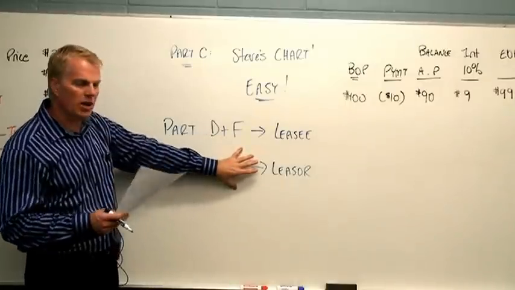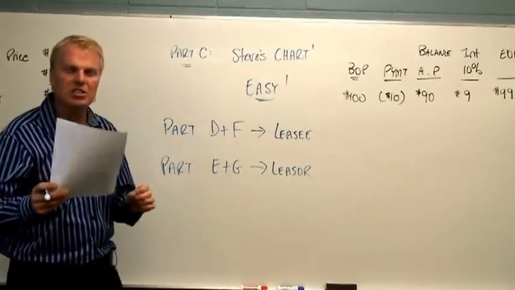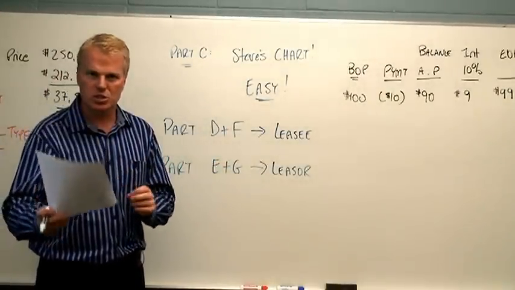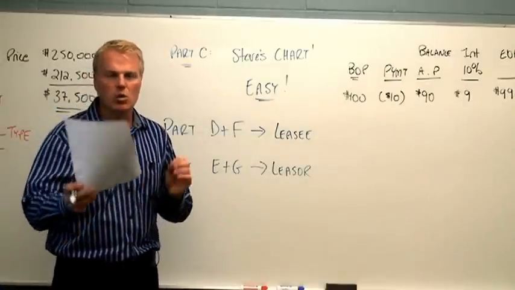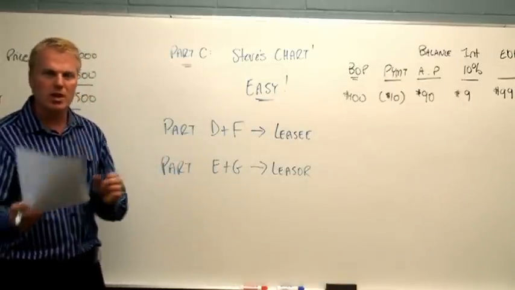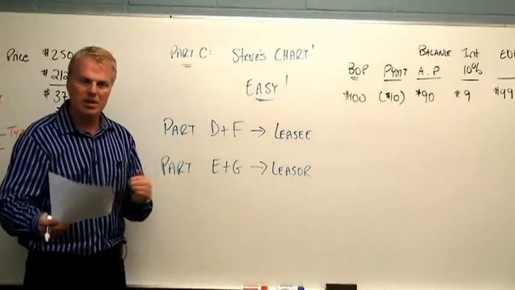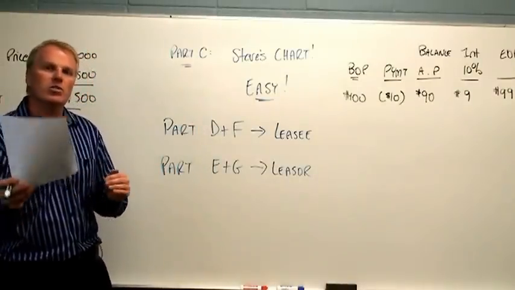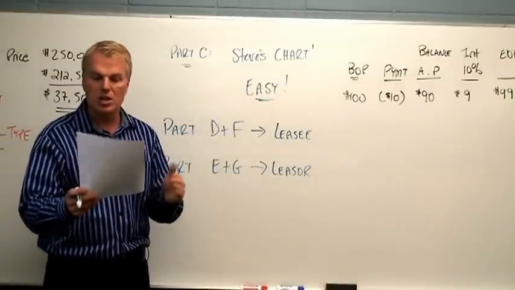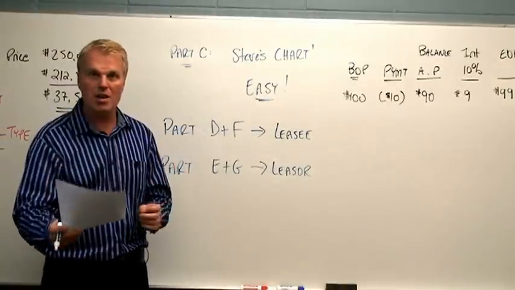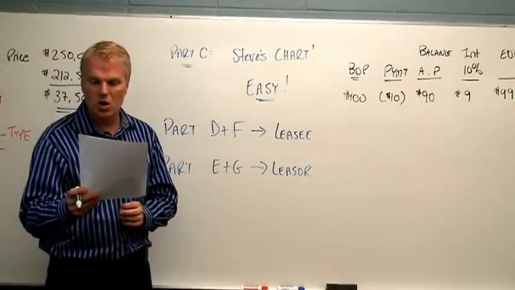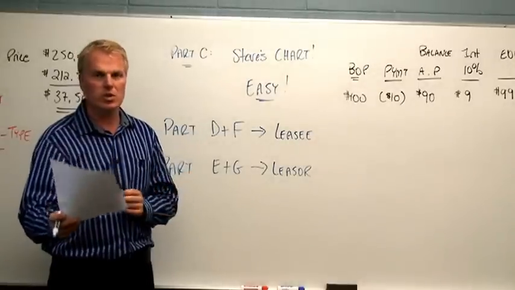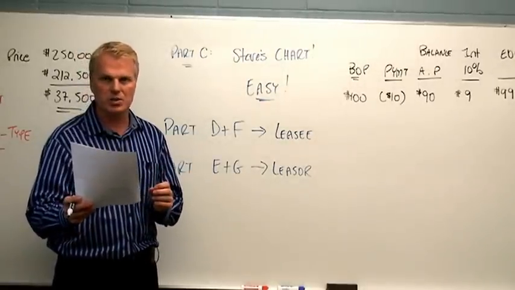Then focus on E and G, how the lessor will do the journal entries. Your instructor will not deduct marks for having these out of order. So that's something to pay close attention to as you're doing the journal entries. You'll also notice these journal entries are worth a lot of marks. In this question alone, they're worth 11 marks. You really want to make sure you're organized with this.